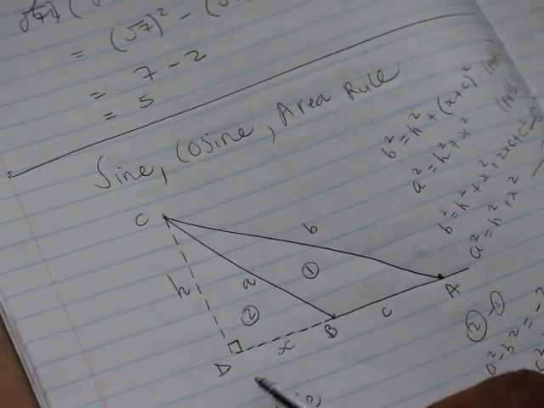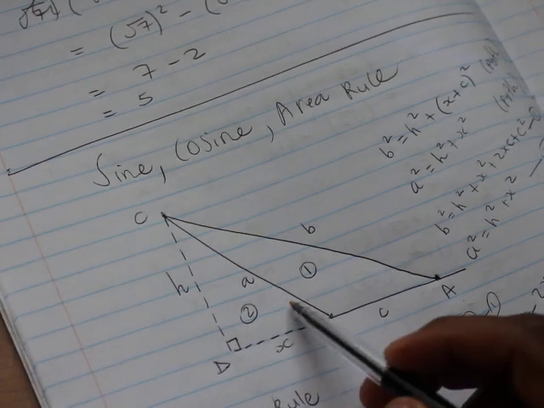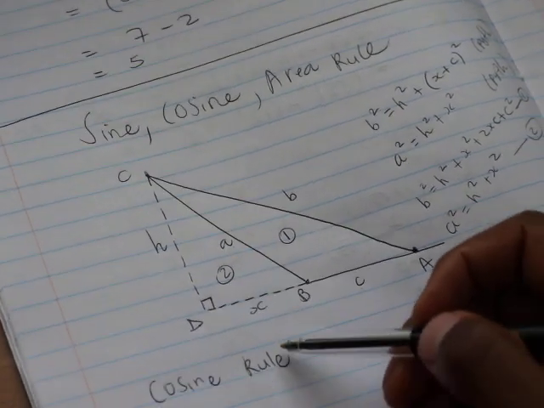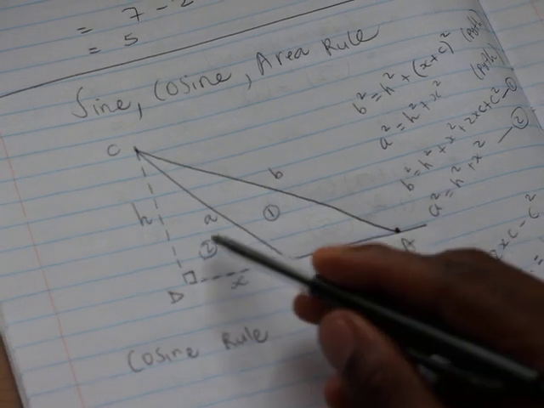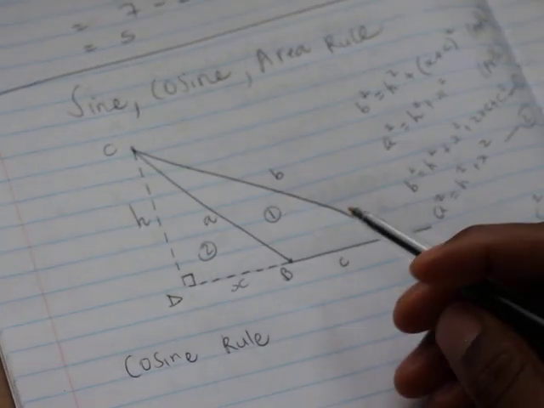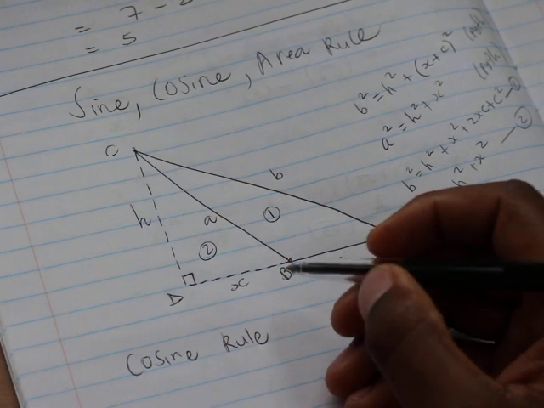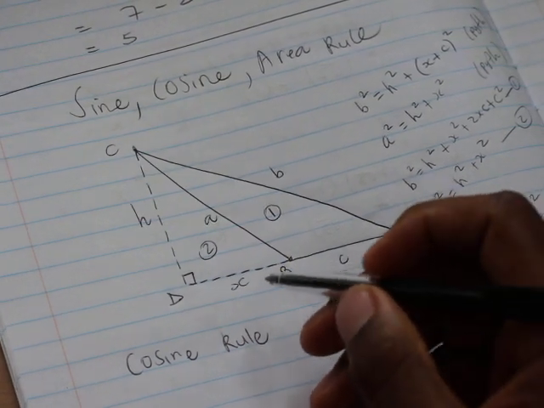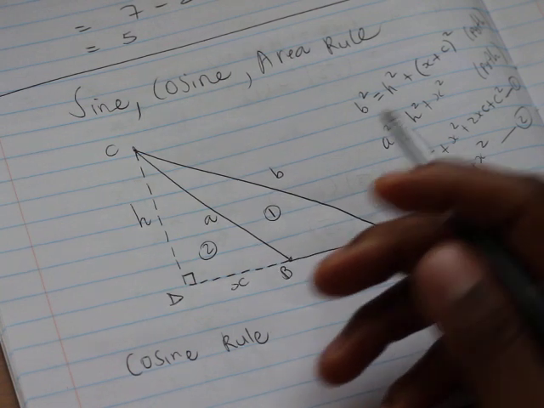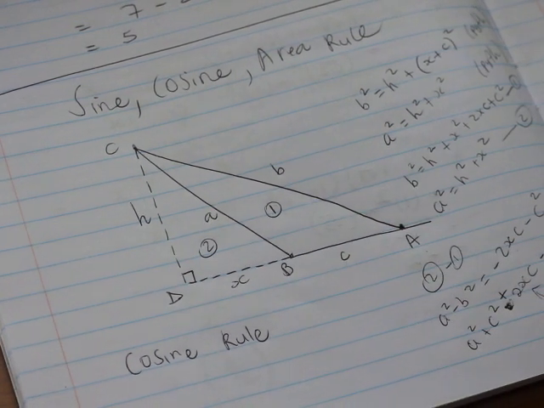So we're just going to look at the triangle in which x belongs to. You can see that it's triangle 2, the smaller triangle. Okay, and we're going to express it in such a way that we use cos as part of the trig ratios.